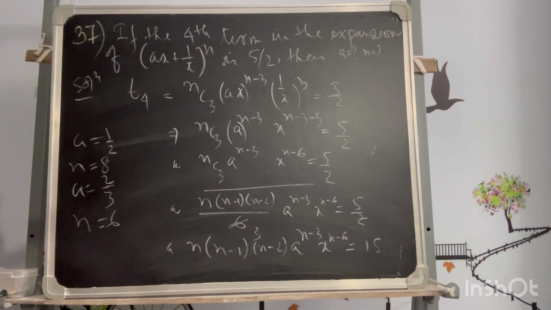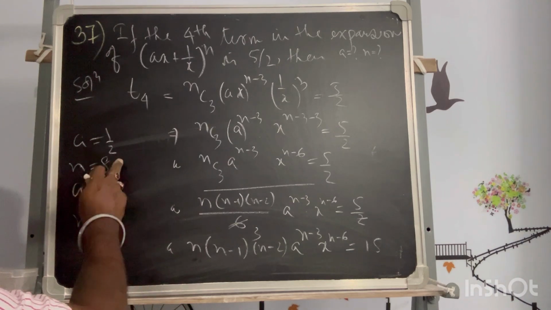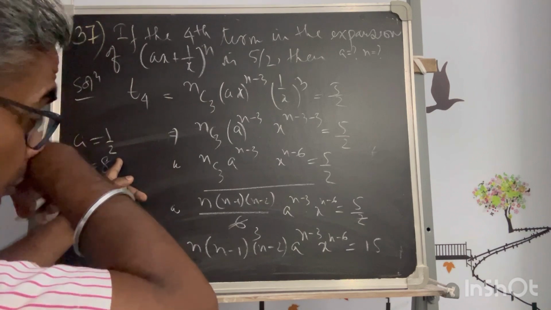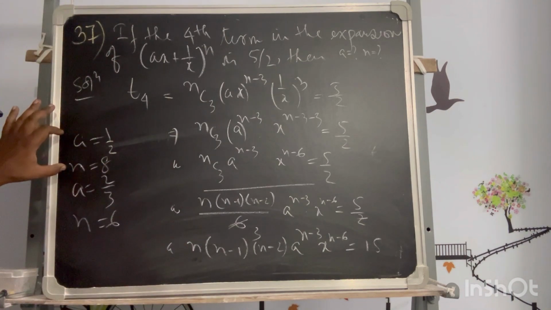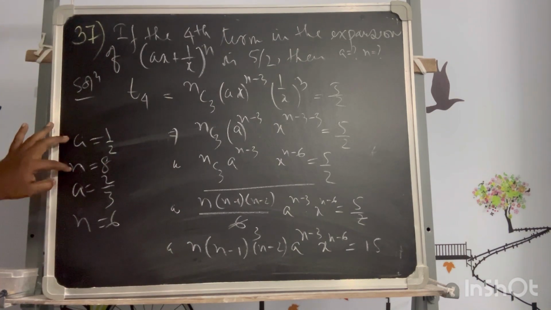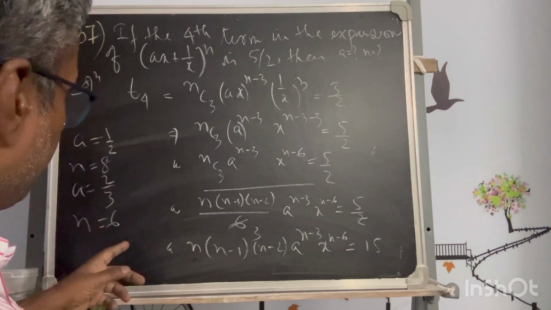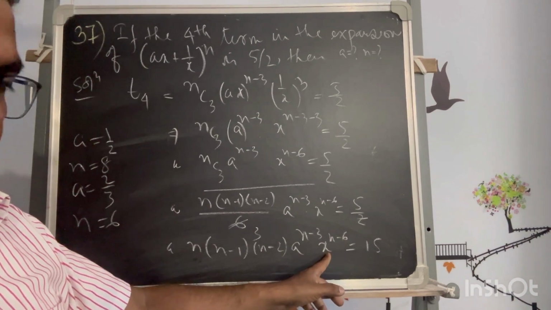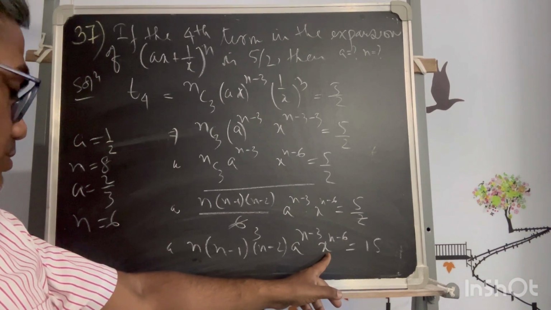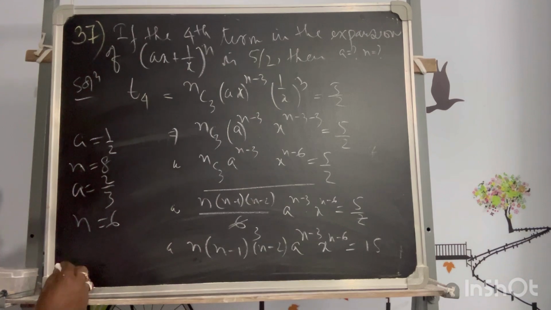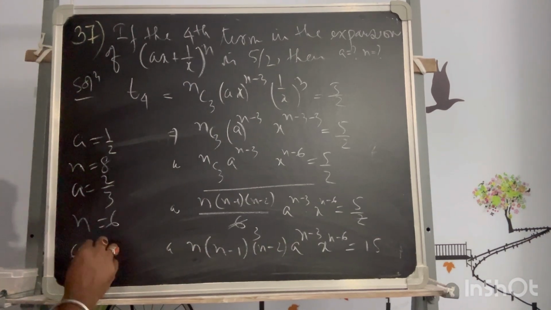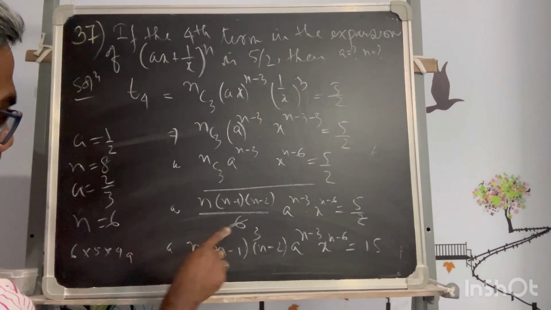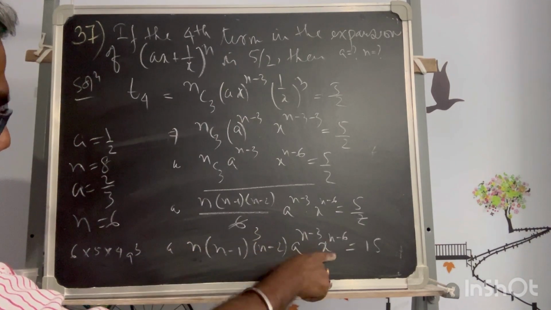Now if I put n is equal to 8, is there any possibility? Because there are multiple options, I have to take one value of n and another value of a. So first thing first, if I try with n is equal to 6, then x will be eliminated. So this will give you how much? n is equal to 6 means 6 into 5 into 4 into a^3, and x will be eliminated.